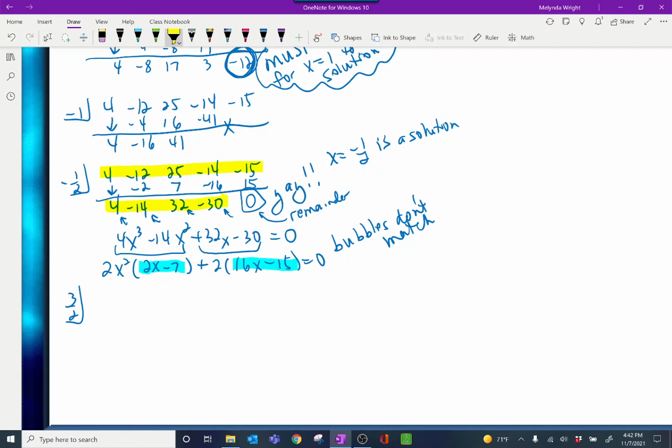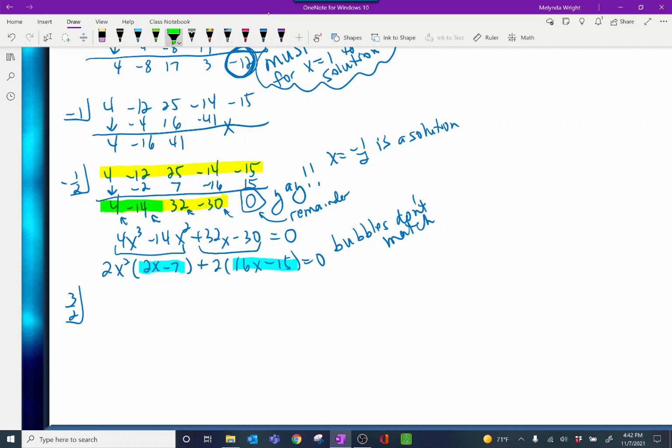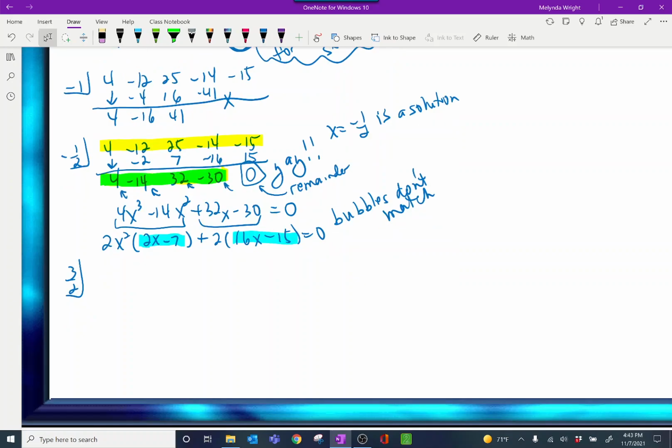These are the ones that I'm going to use. I'll put those in green. I'm not going to go back to the old ones because I've narrowed it down. I've already gotten one root out of the old numbers. Now we're going to use the new ones because it reduces our work.